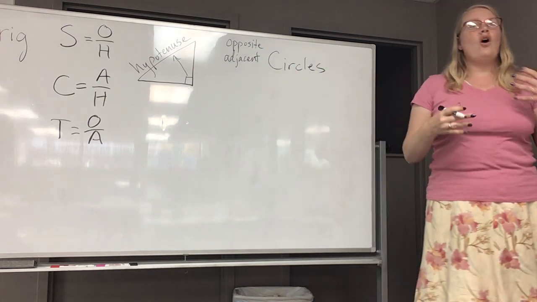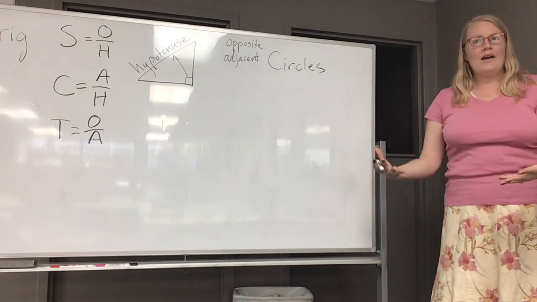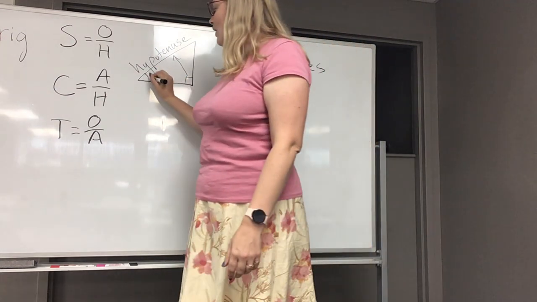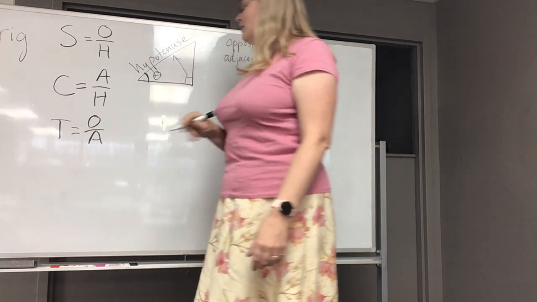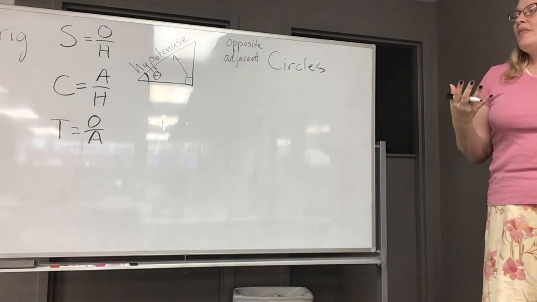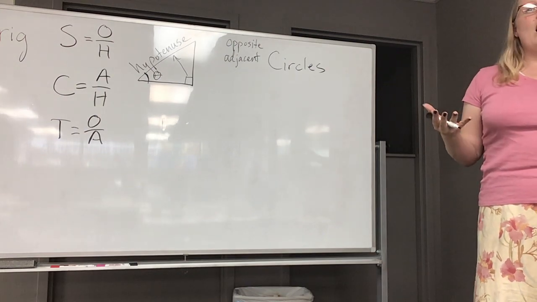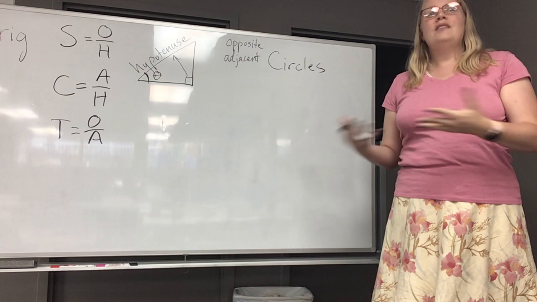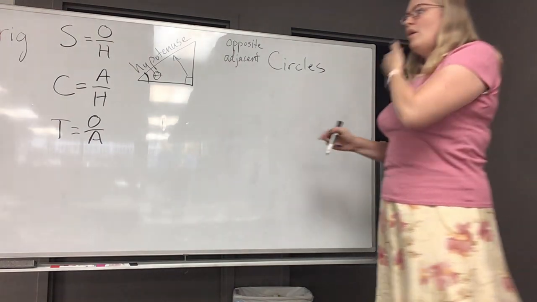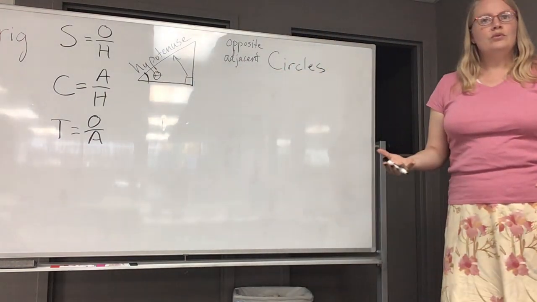Opposite and adjacent are also dependent on reference. Opposite what? Adjacent to what? And so they need an angle, usually marked with this circle with a line through it called theta. It's the default symbol for angle. But they need that angle as a reference point. Opposite without opposite something doesn't mean anything. It's gotta be compared to something. And so you need to know which angle you are working with before you try to work with this.